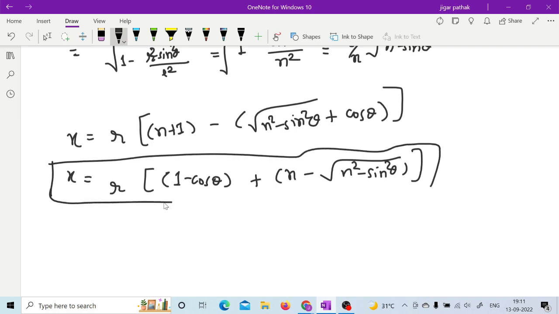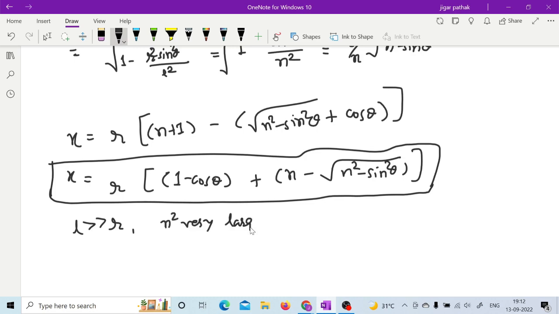Once you get this equation for displacement of piston, if you consider that the length of connecting rod is greater than r, then n square will be very large. If n square is very large in comparison to sine square theta, then the root of n square will become n, and n will cancel out.